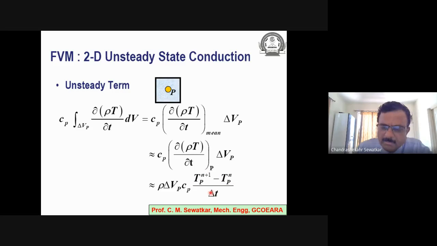So Tp at n plus 1 minus Tp at nth level divided by delta t represents del T by del t. Rho is taken out of the derivative. So rho delta Vp Cp into Tp at n plus 1 minus Tp at nth level divided by delta t, that is the discrete representation of the unsteady term.